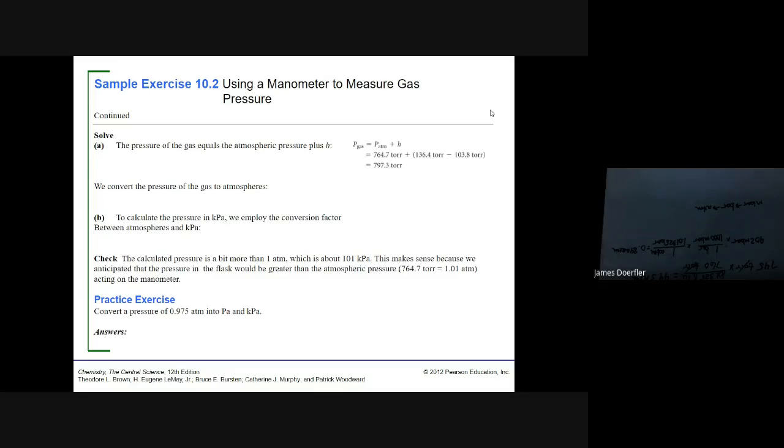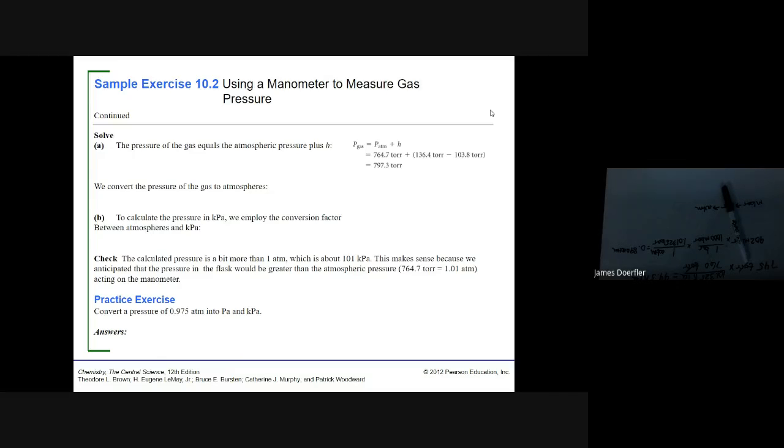So first thing is we need to figure out what the pressure in the gas vessel is. Okay? So in order to do so, using that formula, P gas is equal to pressure in atmospheres plus h.